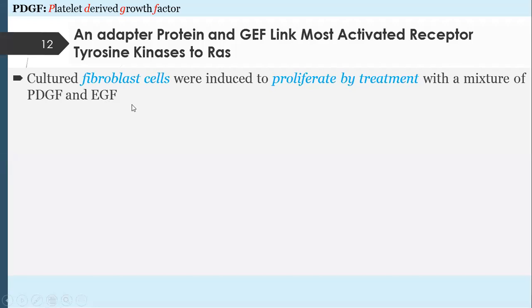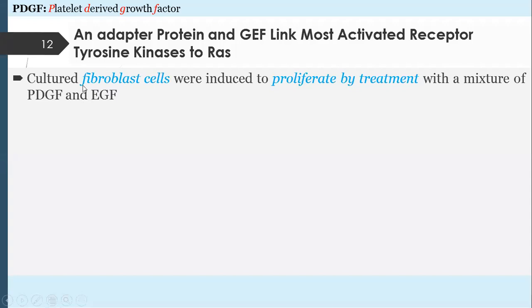This is one of the experiments that has been done with fibroblast cells. The fibroblast cells were cultured and treated with a mixture of platelet derived growth factor and EGF, epidermal growth factor.